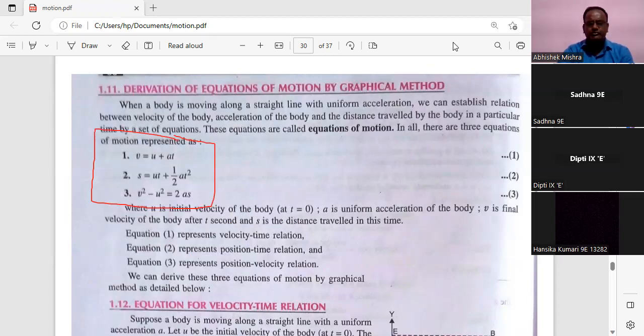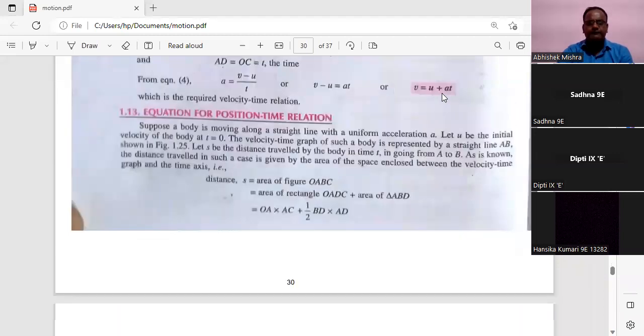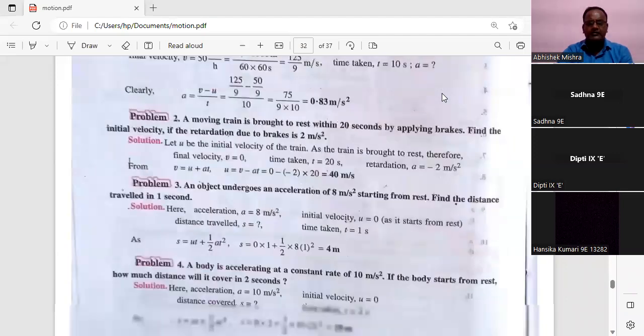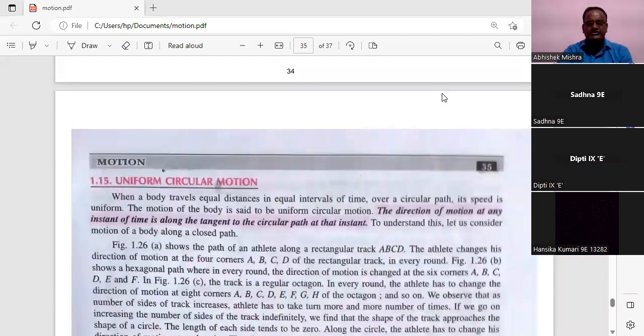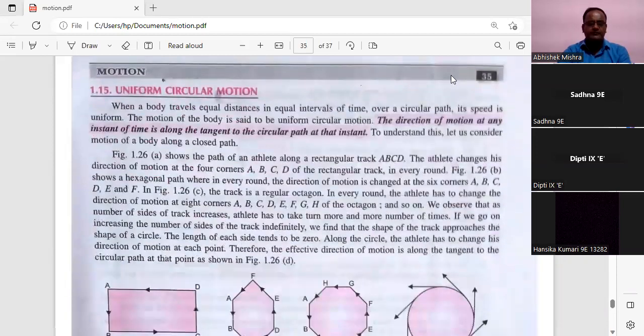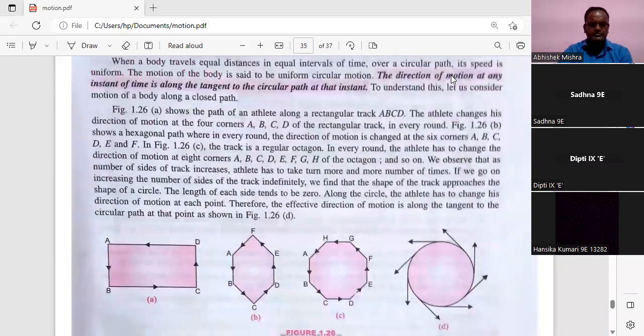Next, we will be coming to the last topic of the chapter, that is uniform circular motion. Now, what is a uniform circular motion?